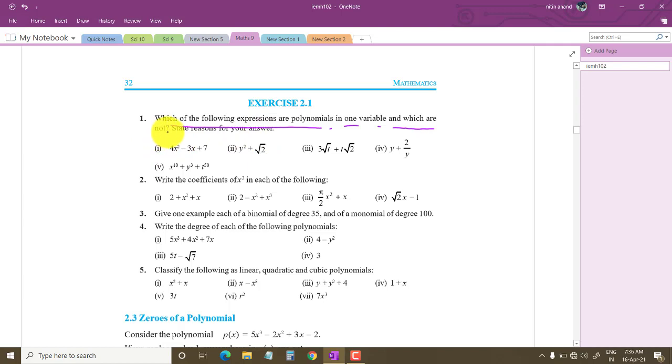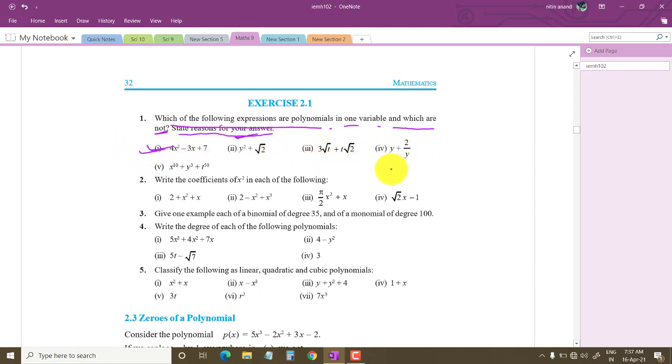That means we have to see the expressions and say which is a polynomial and which is not, and also state the reason for your answer. Now we will discuss the first question.